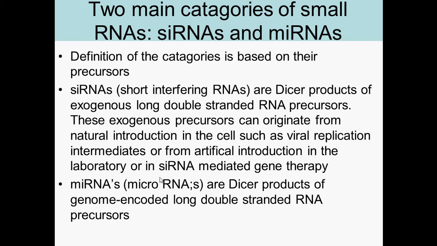And siRNA is an exogenous precursor, and it can originate from natural introduction in the cell, like viral replication, and also artificial introduction mediated in gene therapy. And microRNA are encoded on the genome.